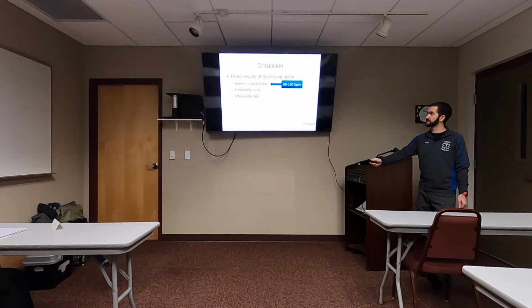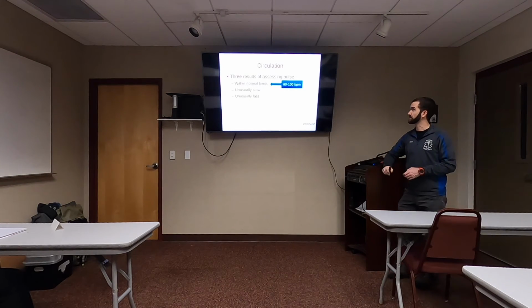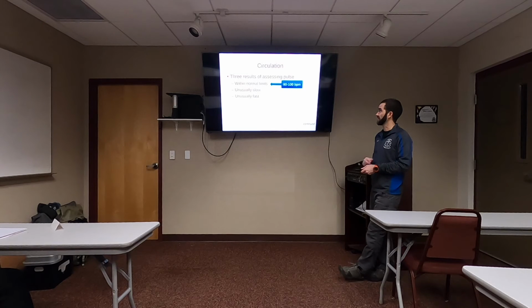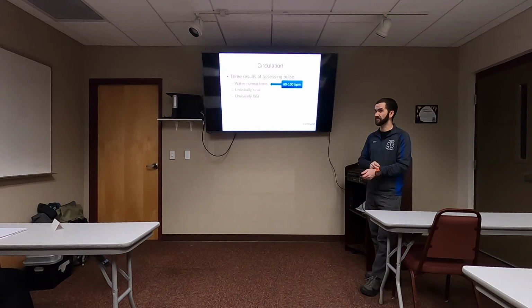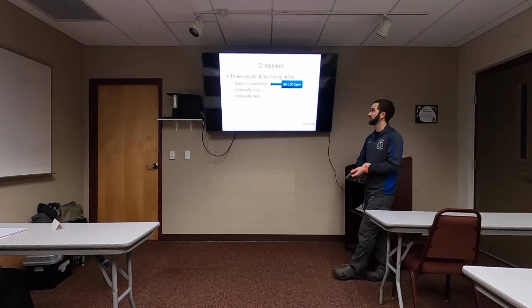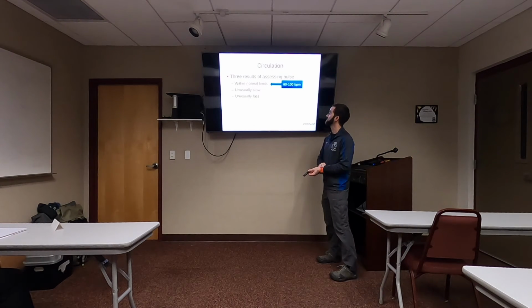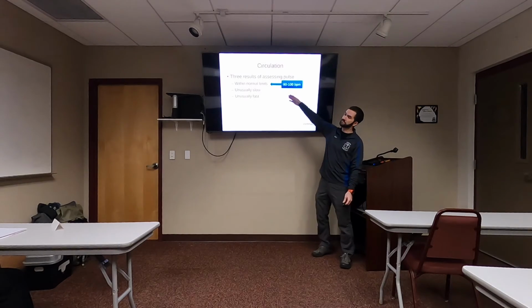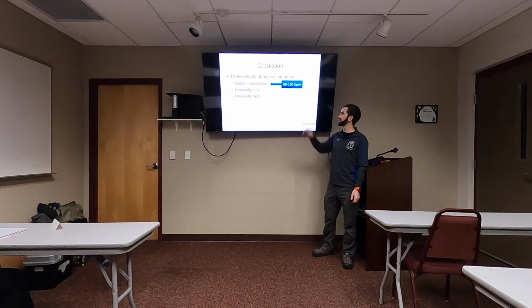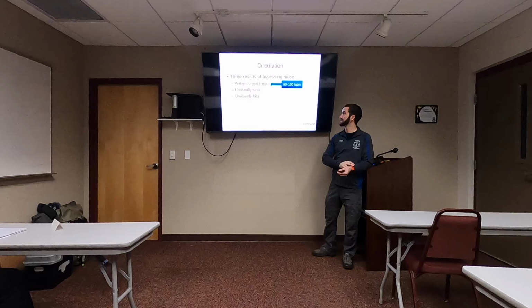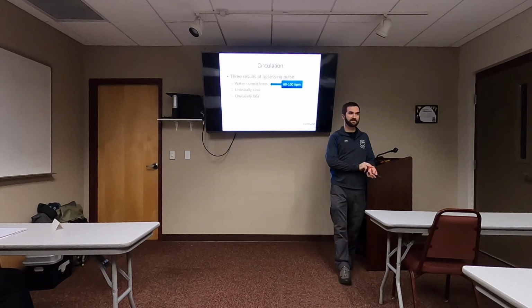We're going to check a pulse. I may or may not actually count a rate. At this point, we're going to at least check to see that they have a pulse. If you can feel a quick radial pulse, you should be able to tell whether it's normal, so 60 to 100 beats per minute, or really slow, or really fast.